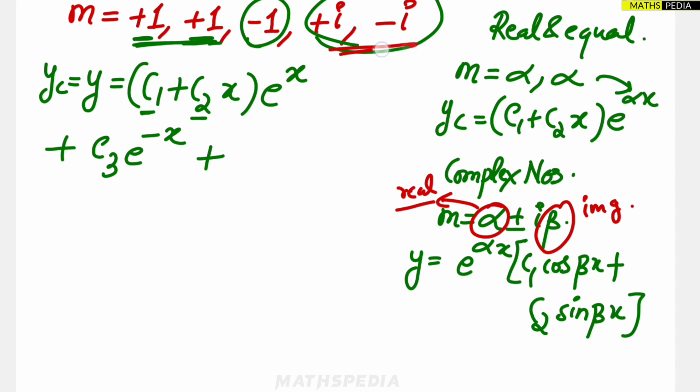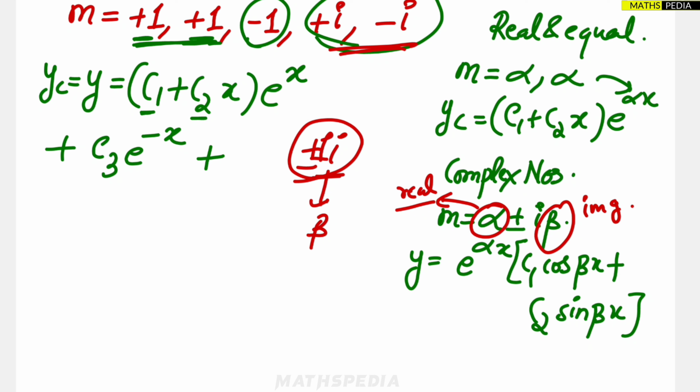If you observe the root, it is plus or minus i. This is the imaginary part. I don't have the real part. So this is beta, not i. Beta is 1, the coefficient of i.